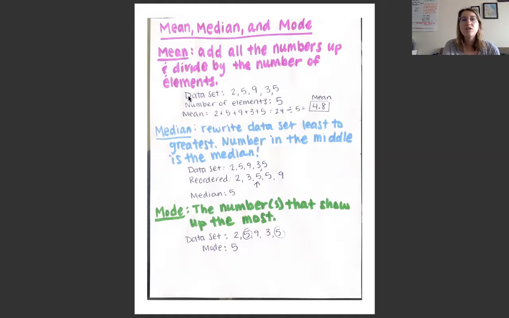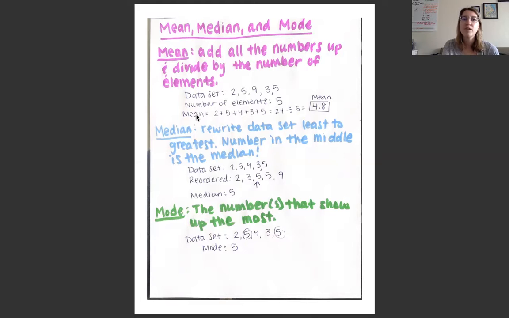Okay, the first thing I have here is your data set. Your data set is the numbers 2, 5, 9, 3, and 5. To find the number of elements, you just count how many numbers are listed here. There are 1, 2, 3, 4, 5 numbers. So that's the number of elements.